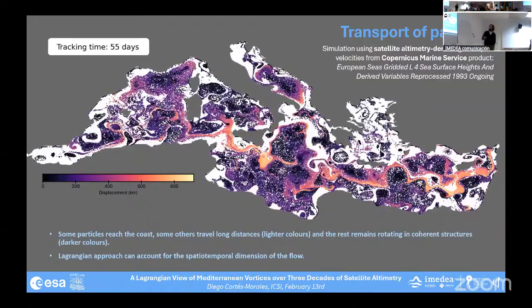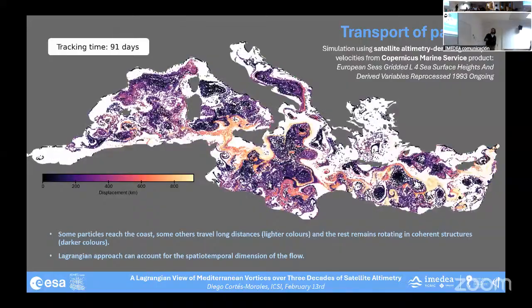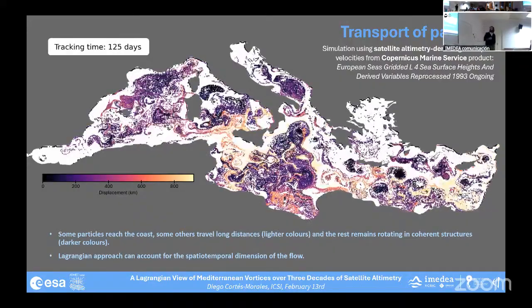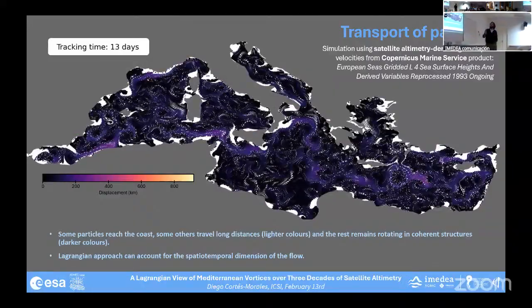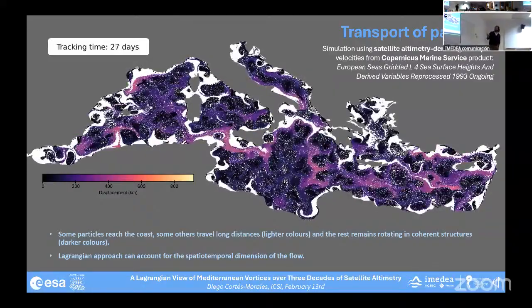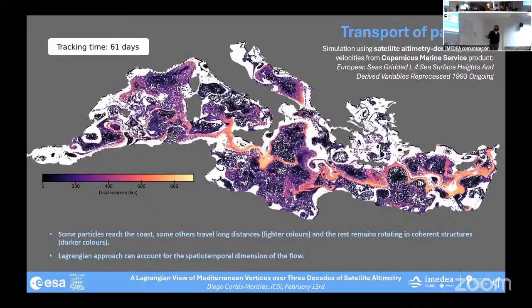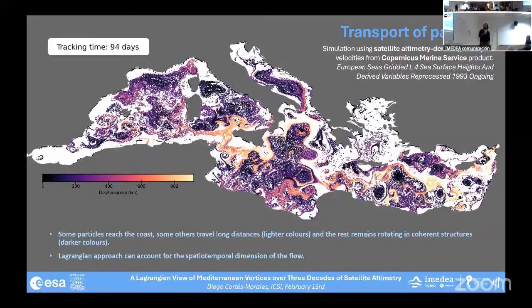Here you have a little example of different particles initialized in the Mediterranean basin and how they evolve through time. The colors represent the distance between the initial position and the current position. You can easily see that some of the particles reach the coast. You can see these blank regions where we don't have any more particles.